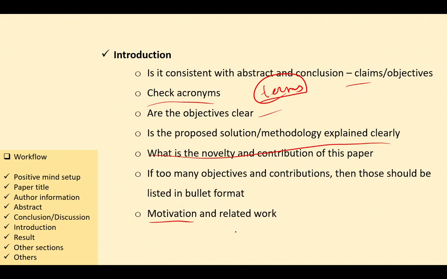Once they mention some related work, they should address the positive and negative aspects, or the limitations, of that work as well. So pay attention whether that work is addressed properly or not, and whether those works are contemporary and relevant or not.